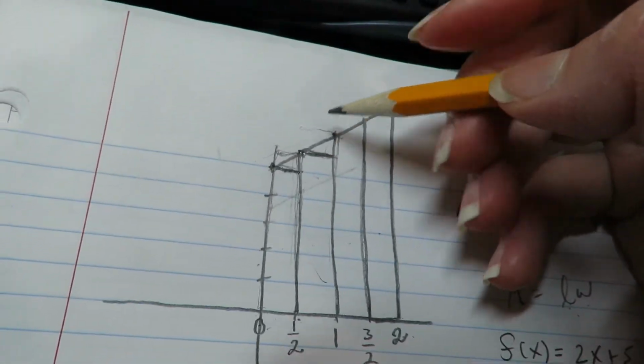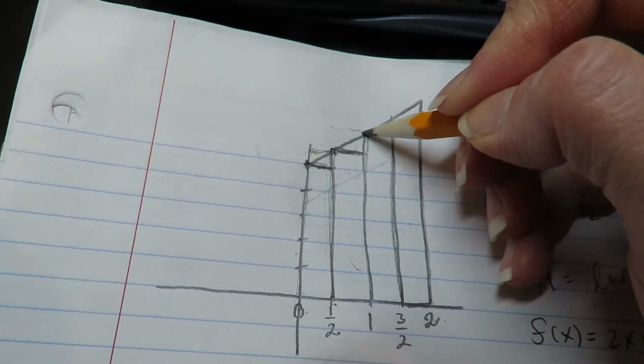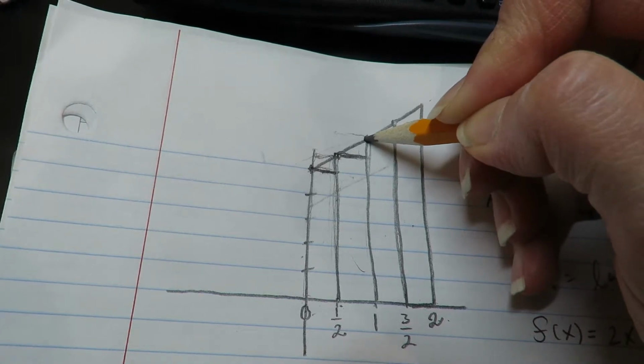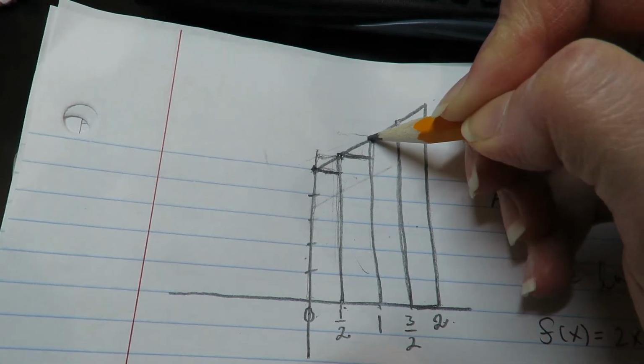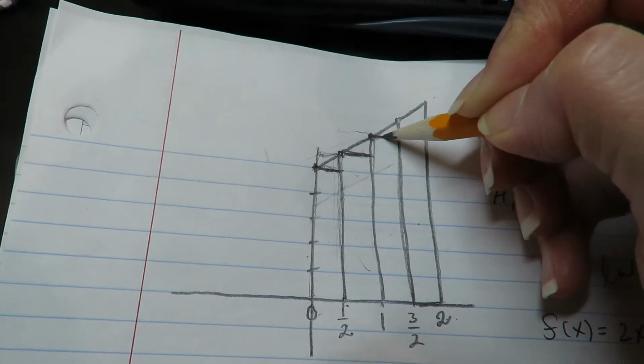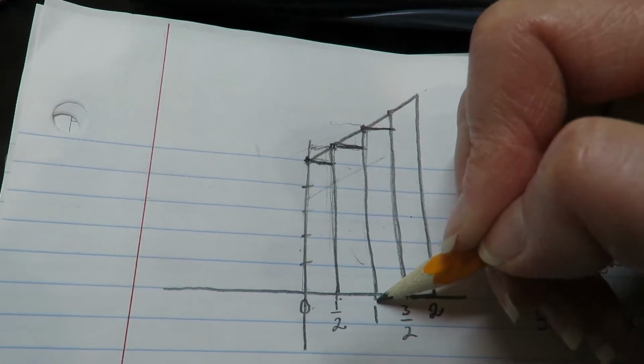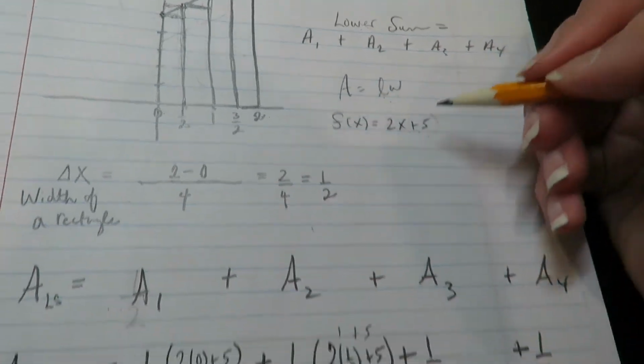Alright, same idea. We're going to use the left endpoint on all of these. So hopefully you're getting the concept now. So the right endpoint would be higher, the left endpoint would be lower. The lower sum on an increasing function is the left side. So the roof depends on this y value, which depends on this x value. So we have to use this x value in the function.